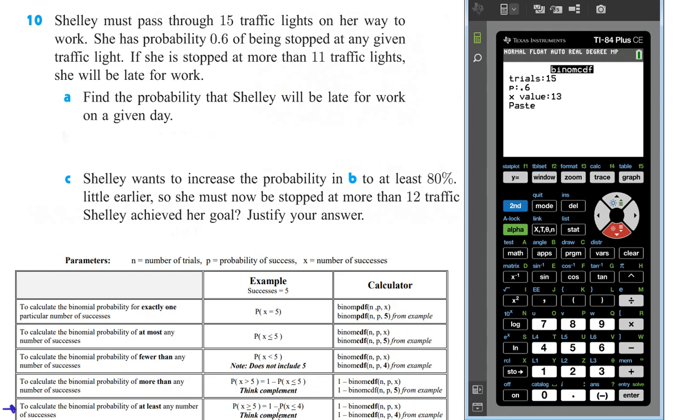If we want to do at least 5, we put the one less than that, so we're going to put 4 in there. So we want the probability of getting stopped at 10 or less, so we put 10 here. Then we find the complement. The probability of her making it to work, not being late, is 0.783.